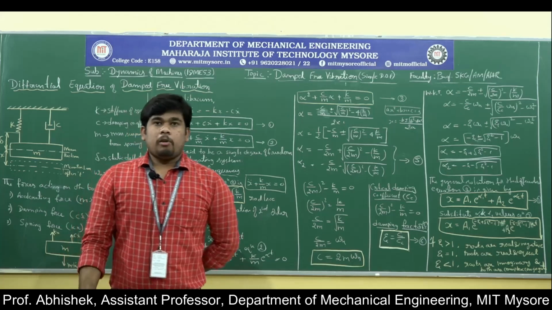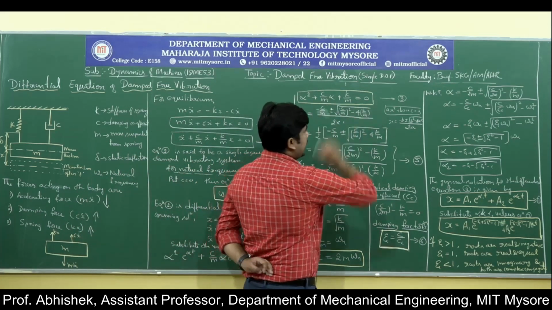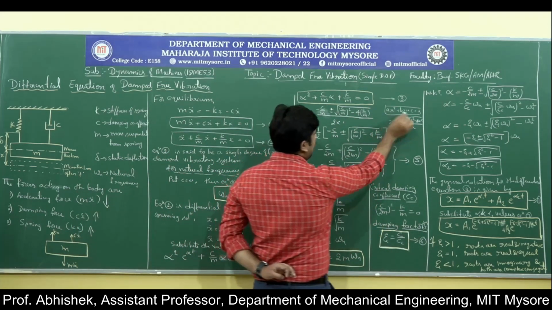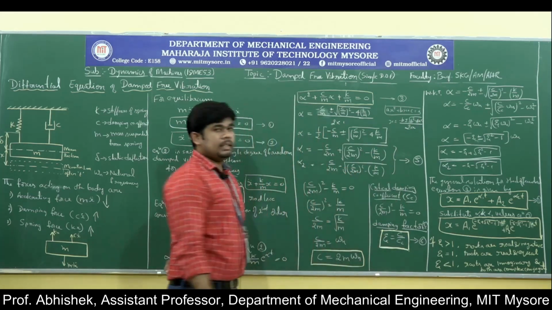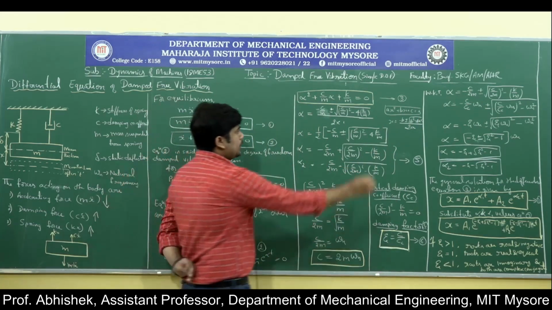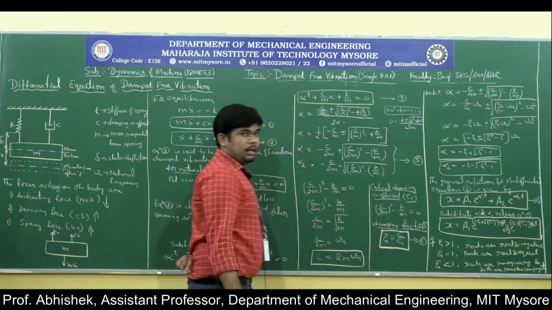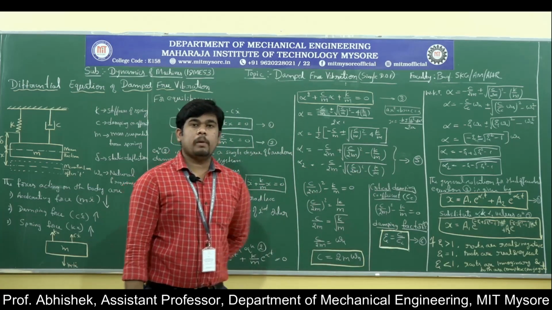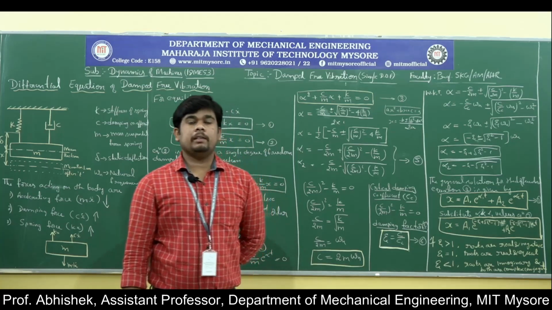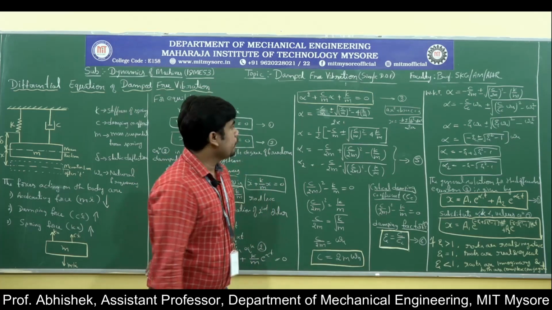So just recall this formula. This equation number 3 is in the form of ax square plus bx plus c equal to 0, so I am just using this formula.